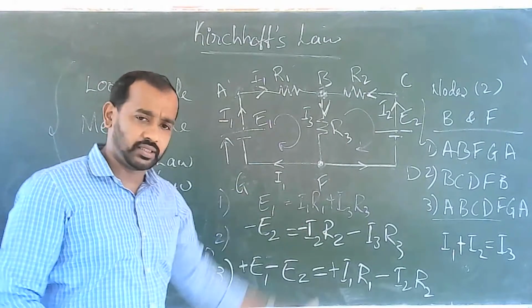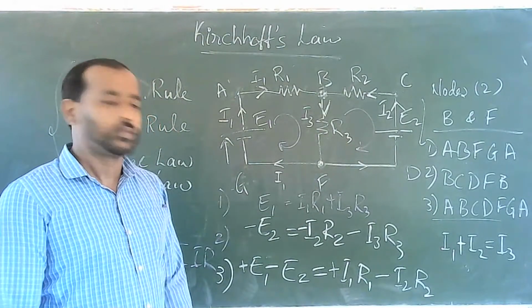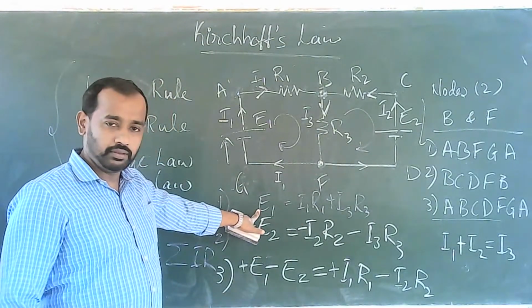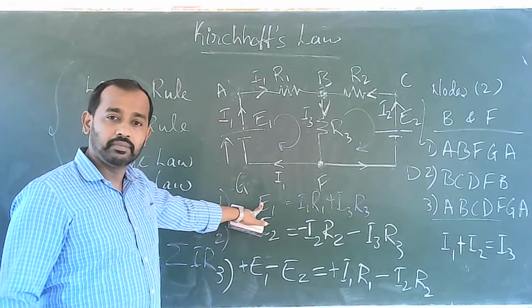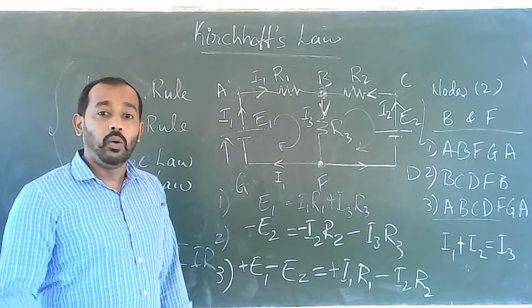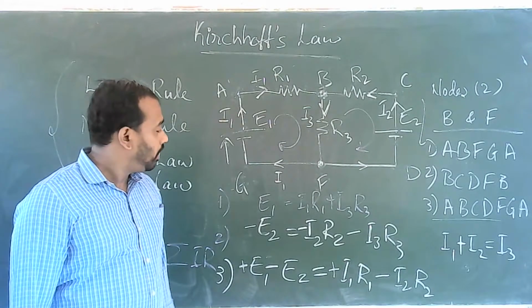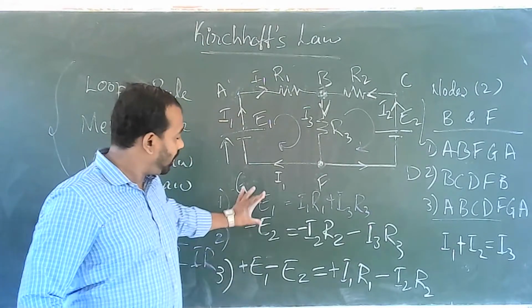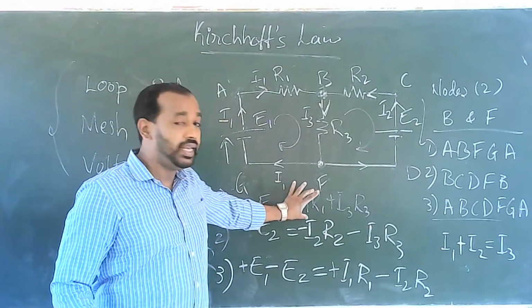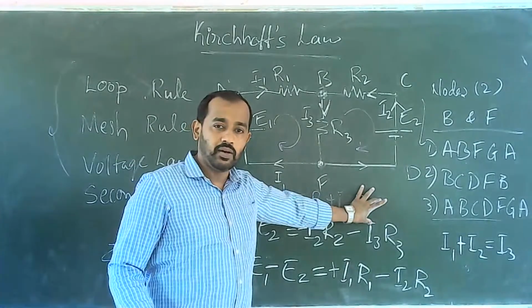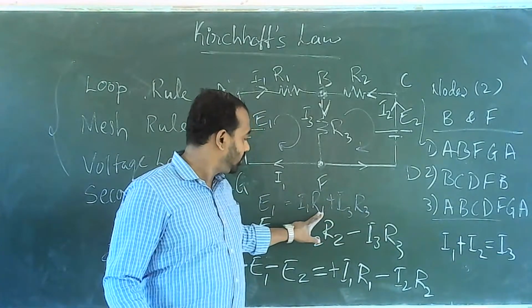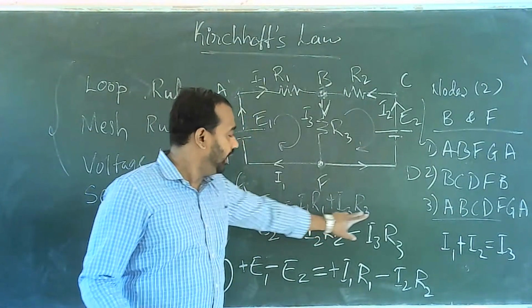Just look at the circuit or equations. It will be obvious. In this equation, E1 is the EMF which is supplying the energy. The energy supplied by E1 is used in overcoming the resistances R1 and R2 to maintain the current.